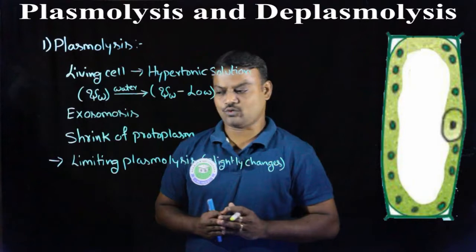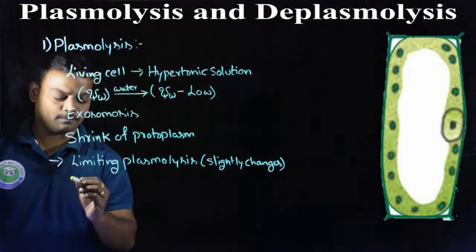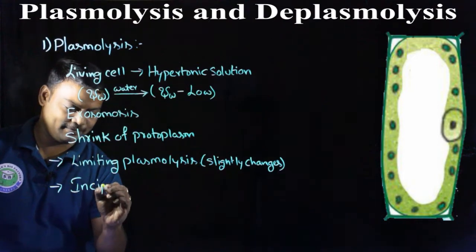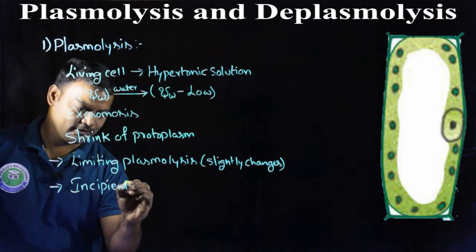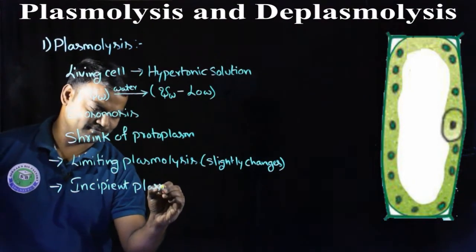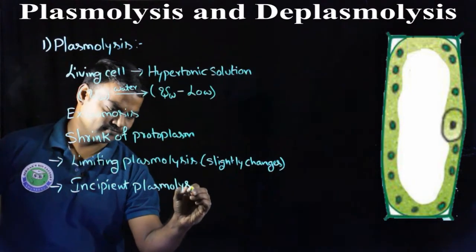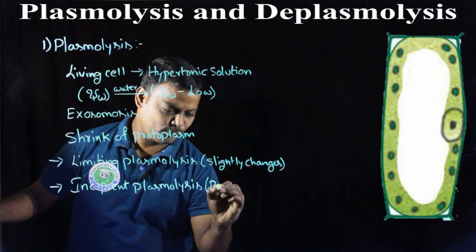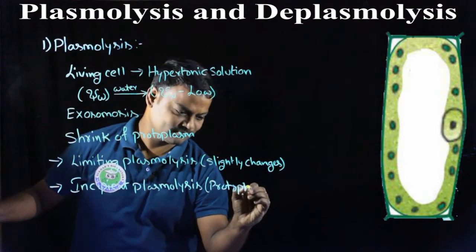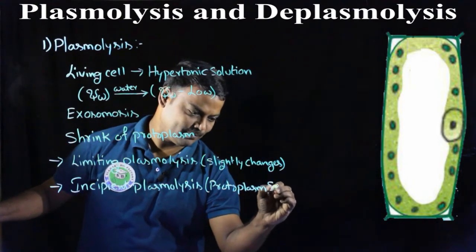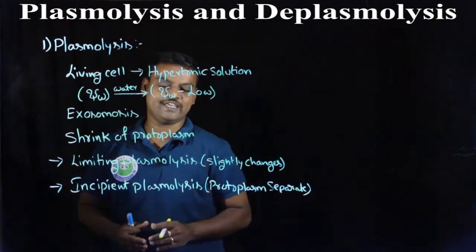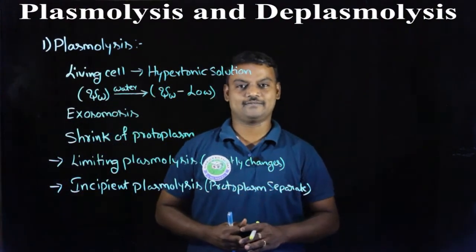This stage is called incipient plasmolysis. In incipient plasmolysis, the protoplasm separates from the cell wall, especially from the corners.